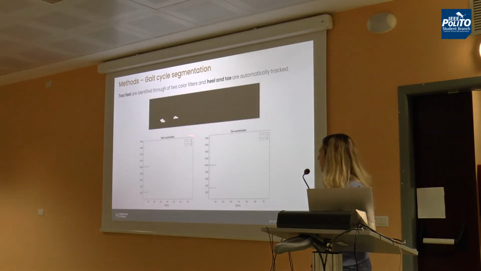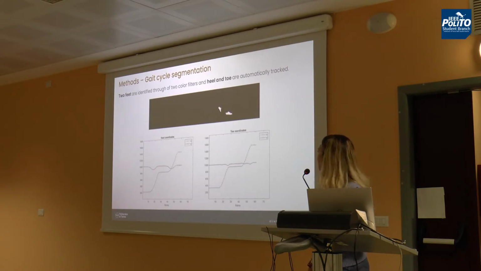For each segmented foot, it's possible to identify the heel and toe of this image, and it's possible to extract the coordinates, both vertical and anteroposterior, of both heel and toe.